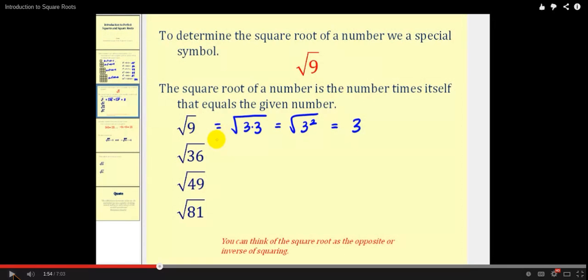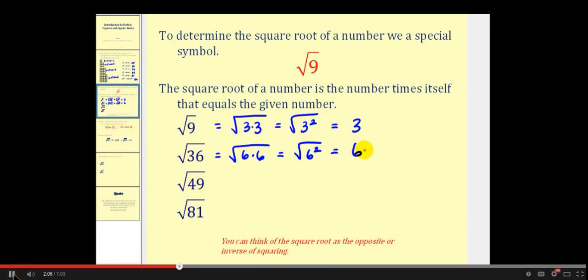check your answers. Therefore, the square root of 36, again, 36 is a perfect square, because we can write that as 6 times 6, or even 6 squared if we want. And this will equal 1 factor of 6. Again, the reason this is 6 is because 6 times 6 is equal to the given number 36.